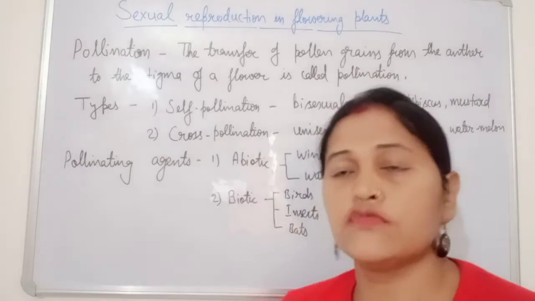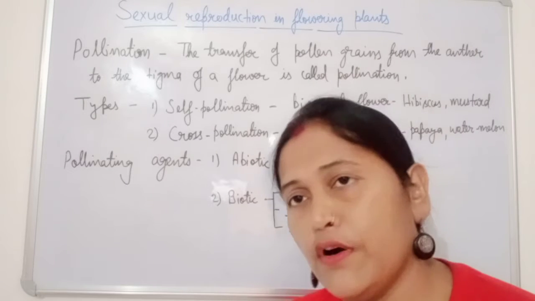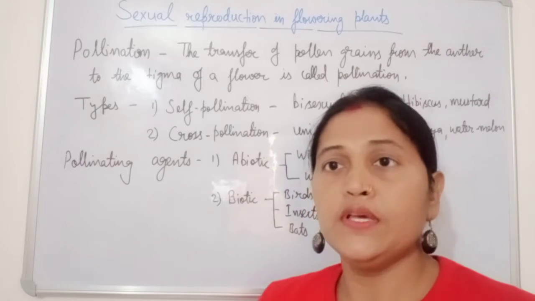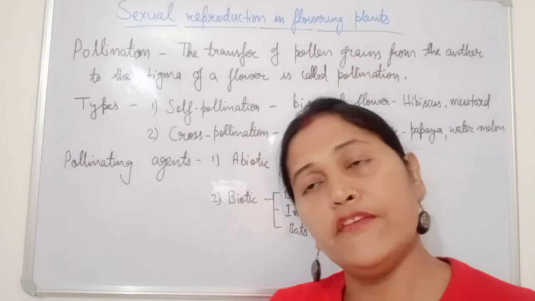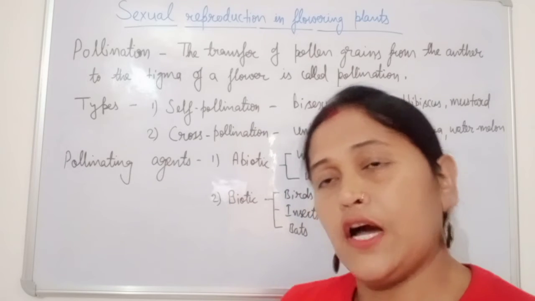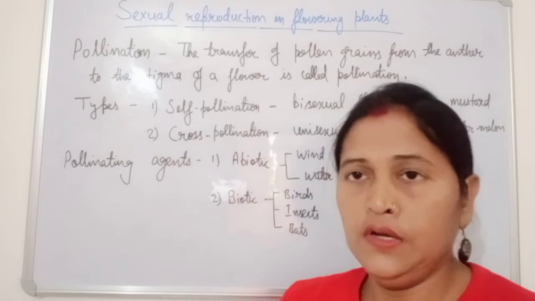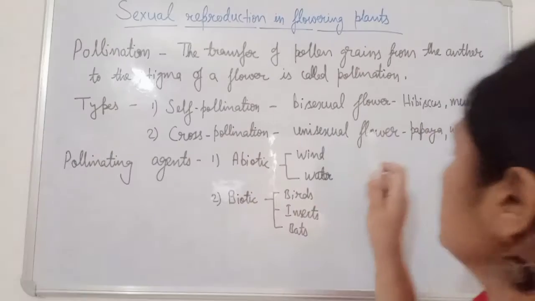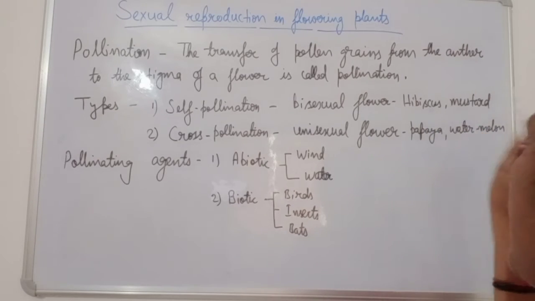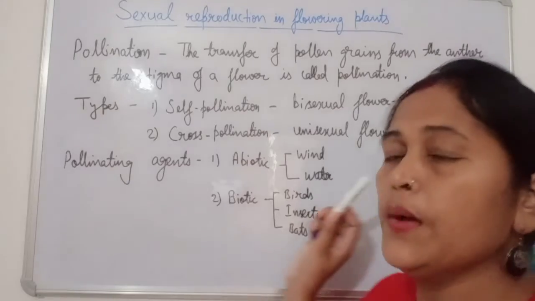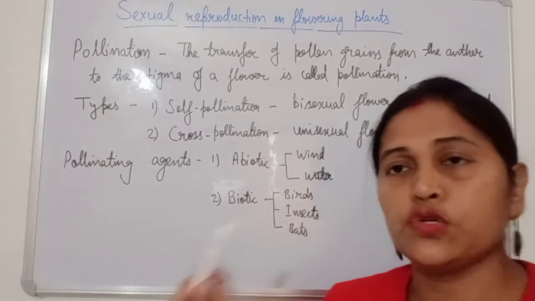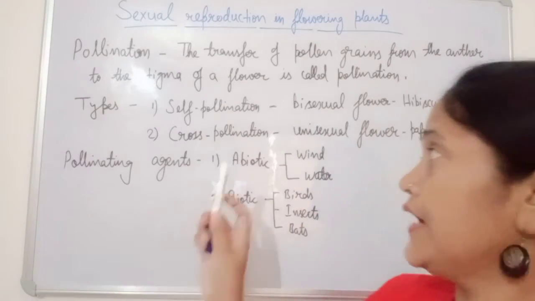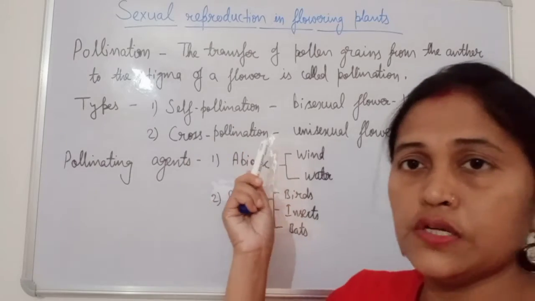Bisexual flowers are those that possess both male and female sexual organs, that is, stamen and carpels. Examples are hibiscus and mustard. In these plants bisexual flowers are present, so self pollination can occur.